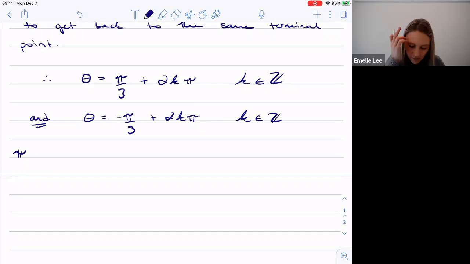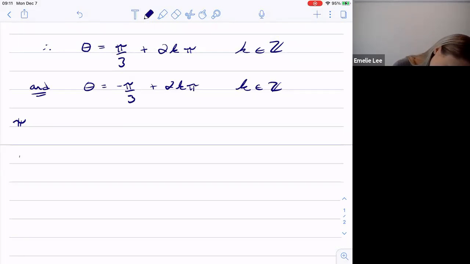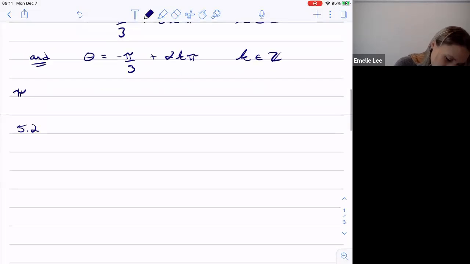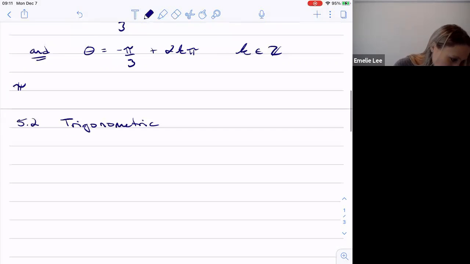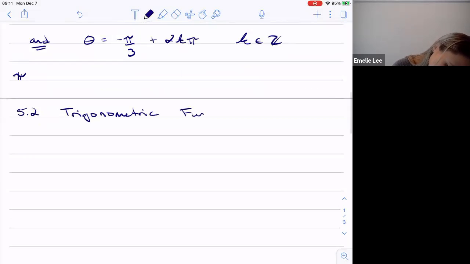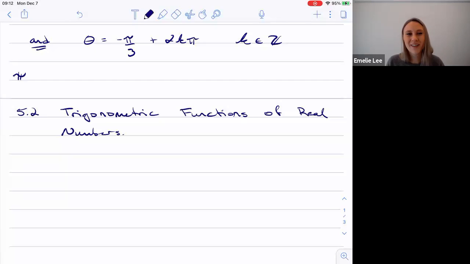Right? So now we're going to extend this idea to a couple more trig functions. So this is section 5.2, and we'll call it trigonometric functions of real numbers. Not very descriptive, right?